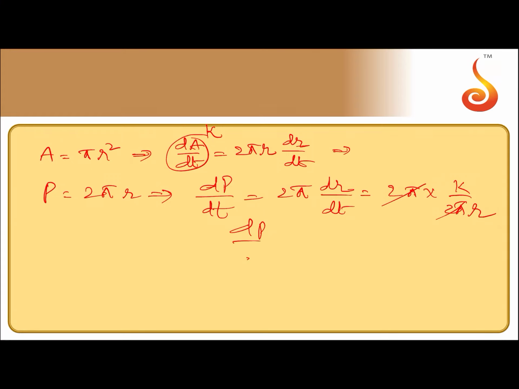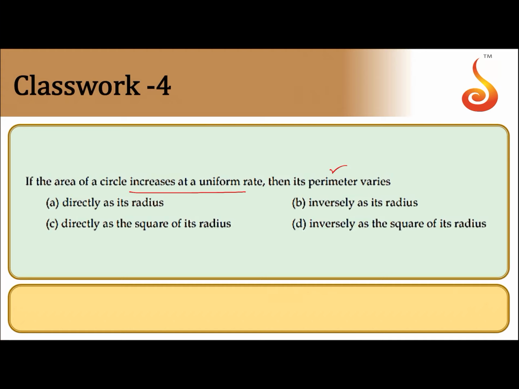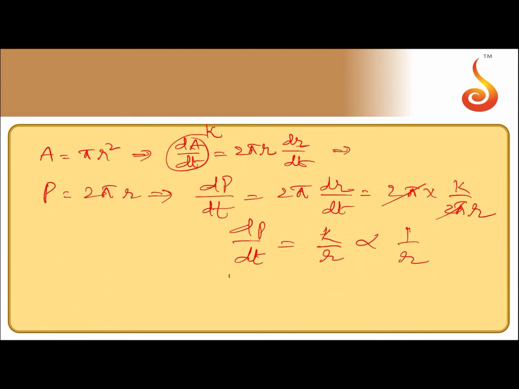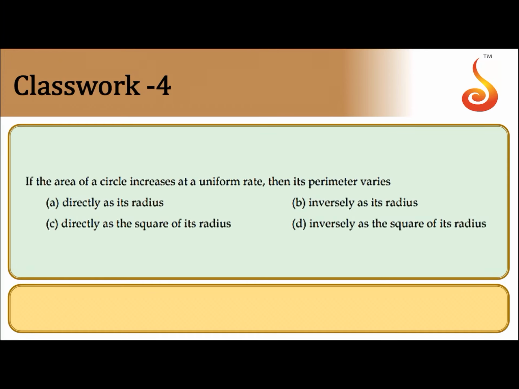Clearly you can see that dP/dt is some constant divided by r, therefore it is proportional to 1/r. So dP/dt varies inversely as its radius. The answer is B.